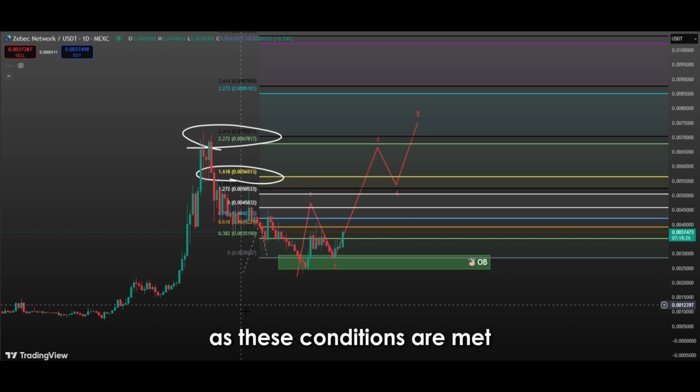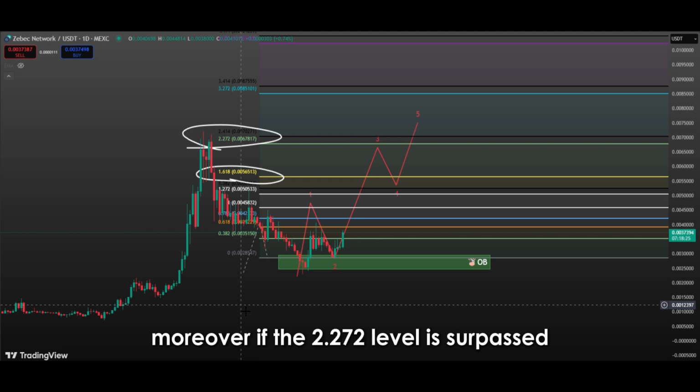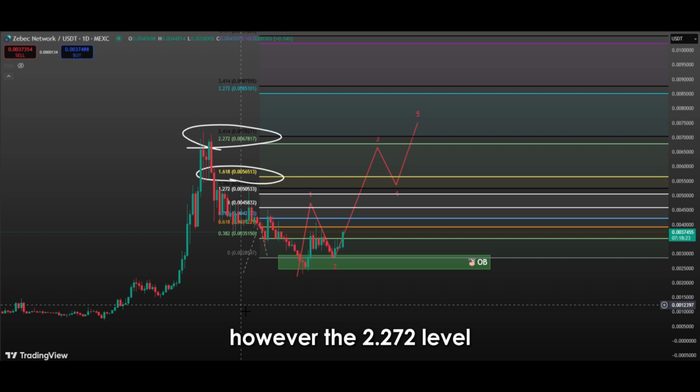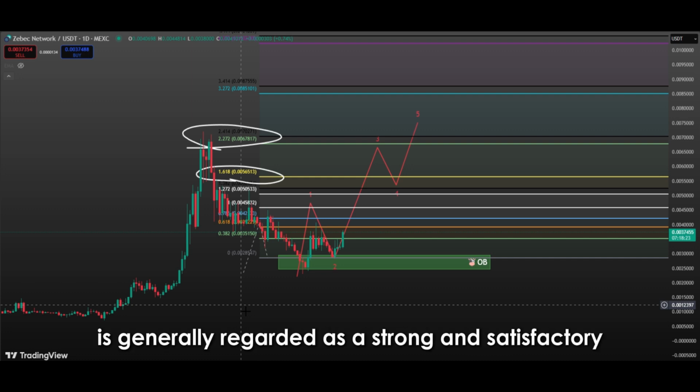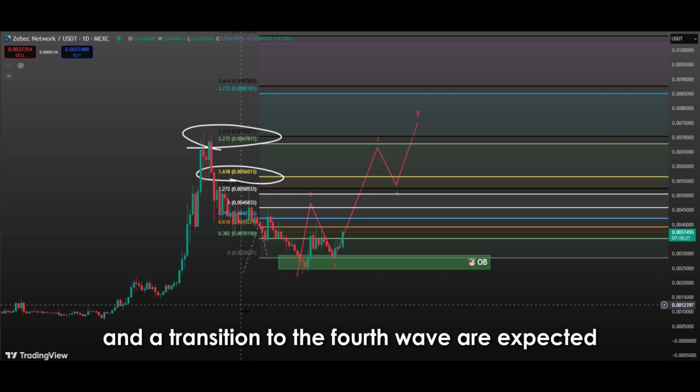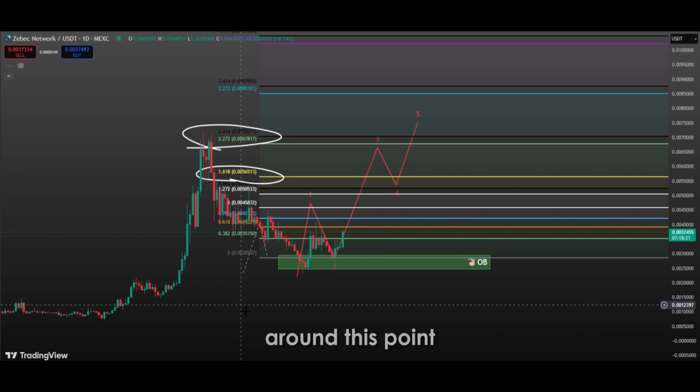As these conditions are met, both the 1.618 and 2.272 levels can be targeted sequentially. Moreover, if the 2.272 level is surpassed, higher Fibonacci levels like 2.618 and 3.618 may also come into play. However, the 2.272 level is generally regarded as a strong and satisfactory target for the third wave, so some profit-taking and a transition to the fourth wave are expected around this point.